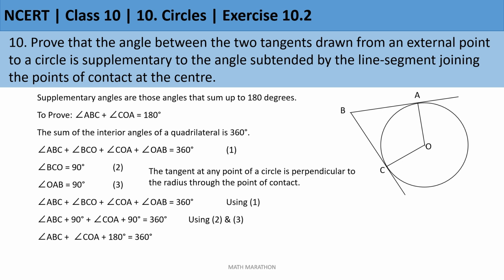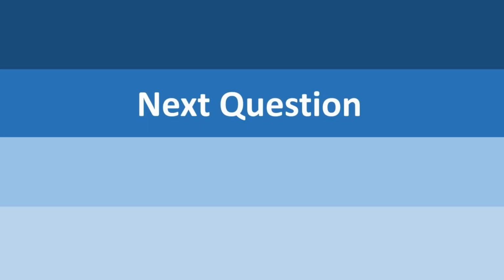Angle ABC plus angle COA plus 180 degrees is equal to 360 degrees. Let us subtract 180 on both sides of the equation. Angle ABC plus angle COA is equal to 180 degrees. Let us see the next question.